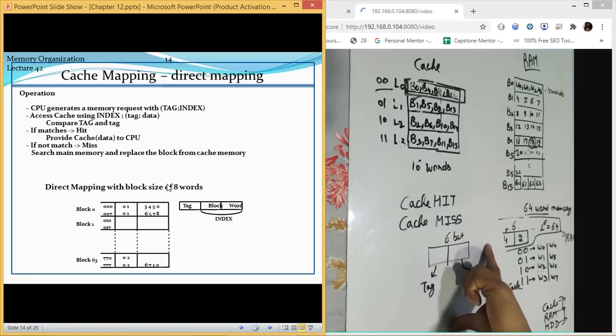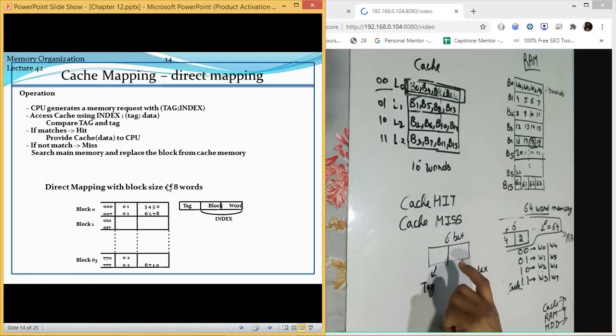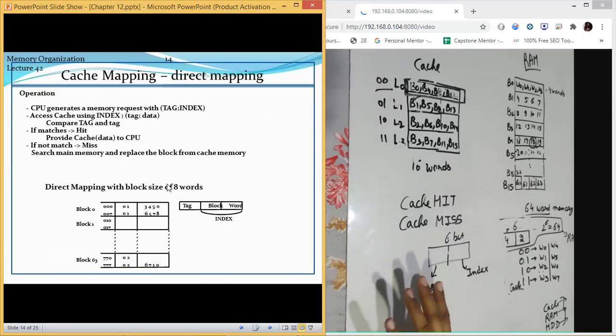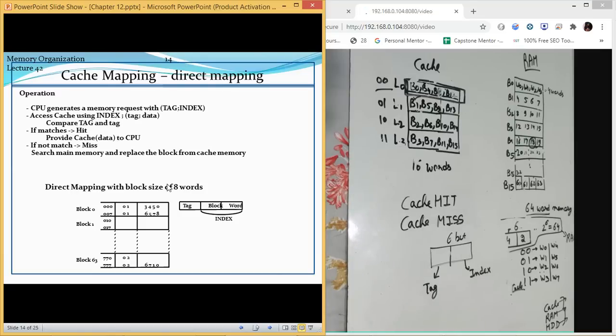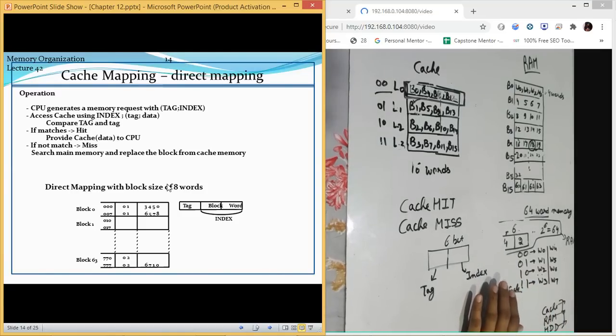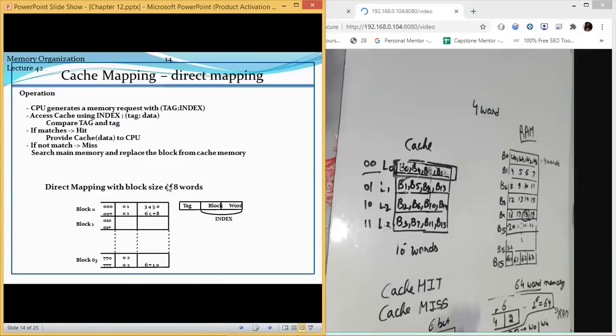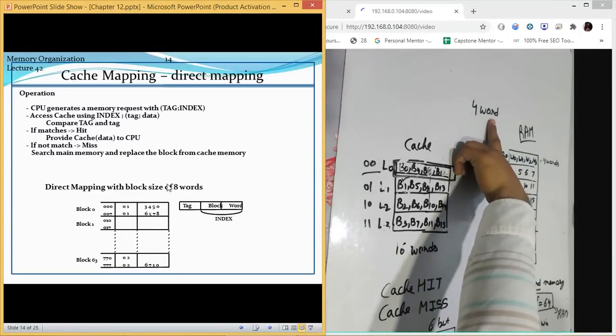Whether it is block offset, block, or line number, and your word, it is up to you how you want to represent it, but the tag will remain as tag. So this is about direct mapping, how you can access the data inside the RAM and inside the cache by using the same size of address. And this is for a 4-word memory.